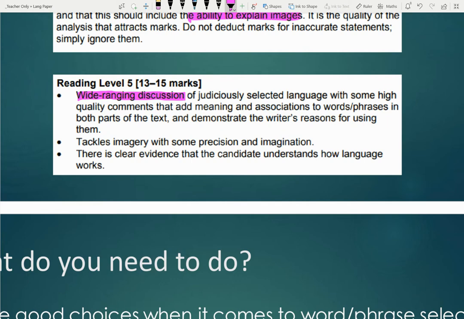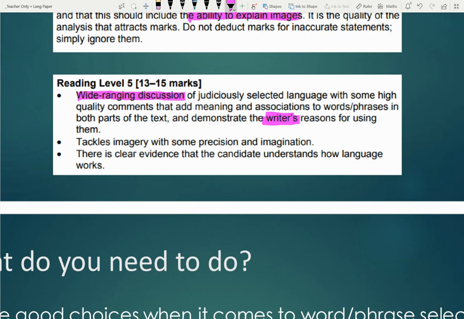You don't want to be choosing 3 words from the same paragraph that all basically do the same thing. I would argue that that isn't really this wide-ranging discussion of language. It's a really focused, precise discussion of it. So try and be careful when you're considering your choices, and make sure that they're giving you a range of things to say about them. There's an explicit emphasis on the writer here.